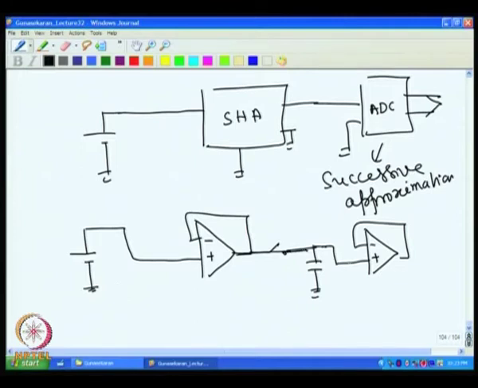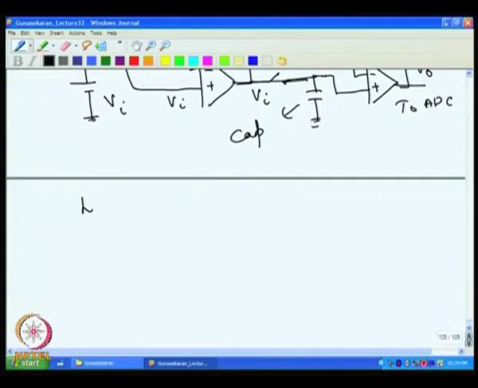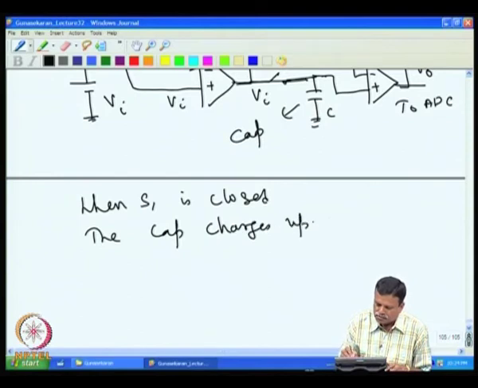Then VI, the switch S1, and then the output, which goes to the ADC. This is the hold capacitor which charges up. So VI comes to this point when switch S1 is closed. When S1 is closed, the capacitor C charges up to VI.